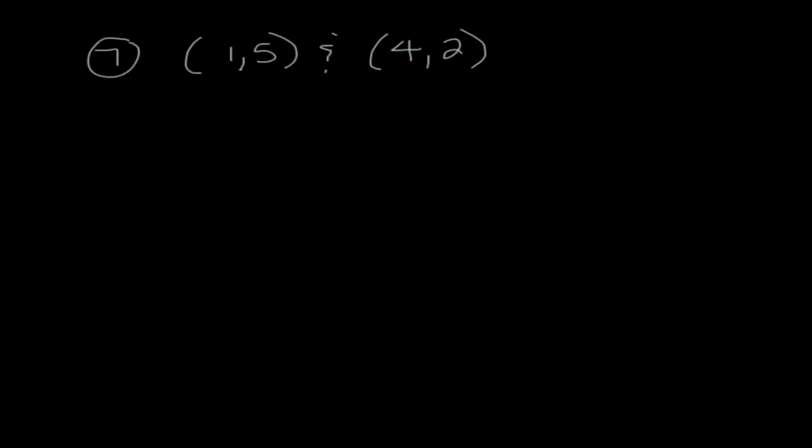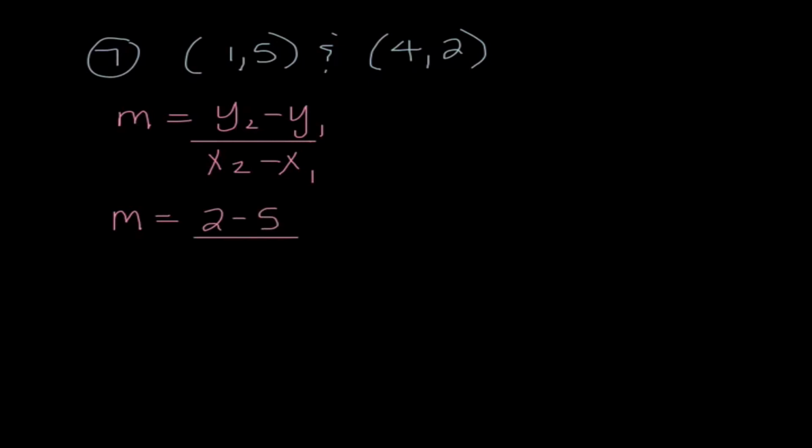And the last example that we're going to go through, this one is just a little bit different because it gives us 2 points, but it doesn't give us a slope. But I know all you math scholars out there remember that we can use this formula to find the slope of any 2 points. So I'm going to go ahead and do the slope is equal to 2 minus 5 over 4 minus 1, which is negative 3 over 3.